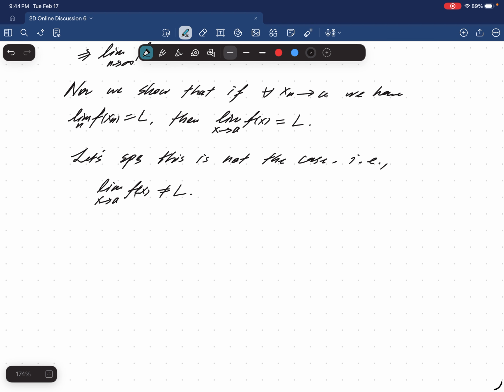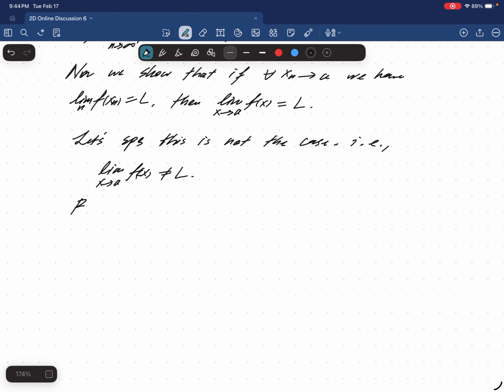So what does this mean by definition of limit?